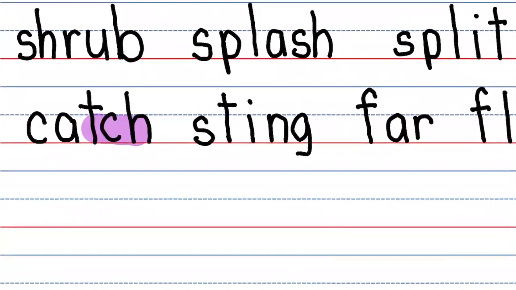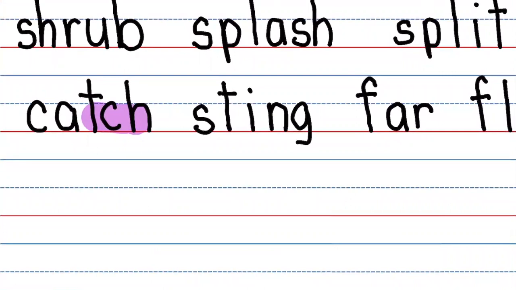And the last word for today is until. It is the last word until next time. Two syllables. Until. The first syllable, un. Second syllable, til. Until. Let's spell them. Until.